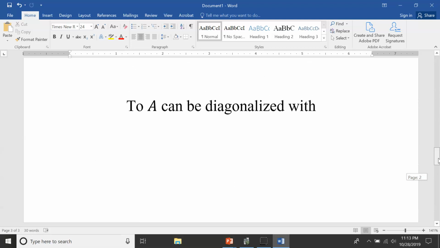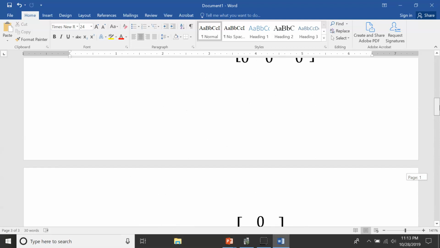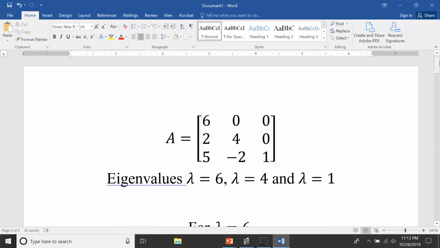Now notice in both this case and the previous example, we had eigenvalues which were distinct. In other words, they each had multiplicity 1. And we saw in the last section that you can always find a basis for the eigenspace, and that basis will have at least one vector in it.